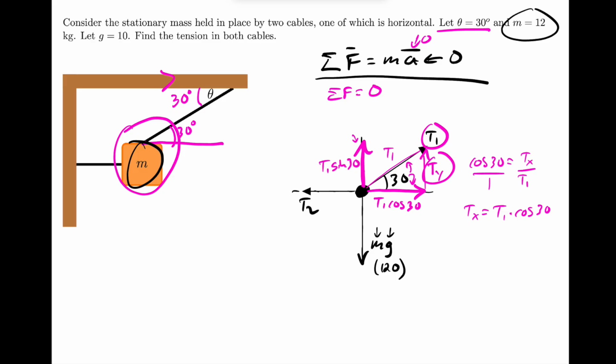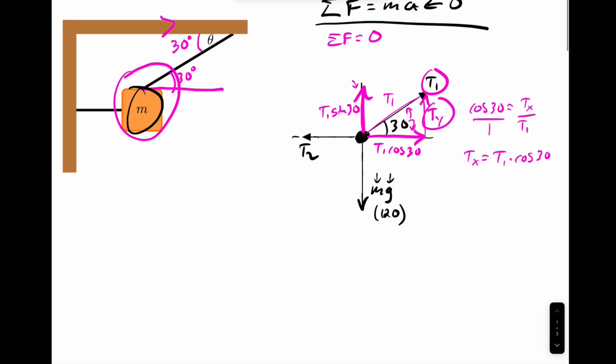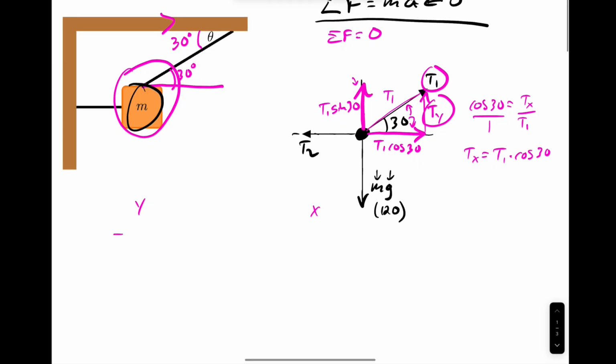Now, since it's not accelerating, the forces have to be balanced in both directions. Let's look at the y direction and the x direction separately. If I do the summation of all the forces in the y direction, that has to be equal to 0. So what I have is T1 sine 30 minus 120.